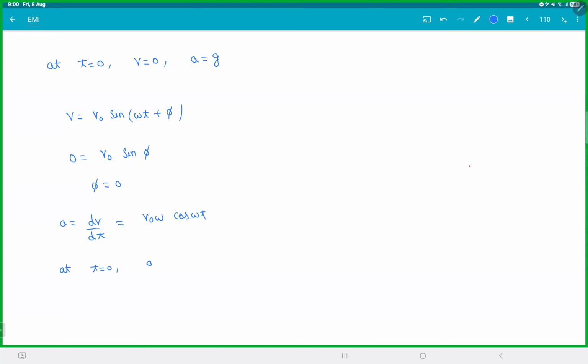At t equals 0, we'll get g is equal to V naught omega. V naught is equal to g by omega. There. So you got velocity V is equal to g by omega sine omega t. And your position x will be g by omega square into 1 minus cos omega t.